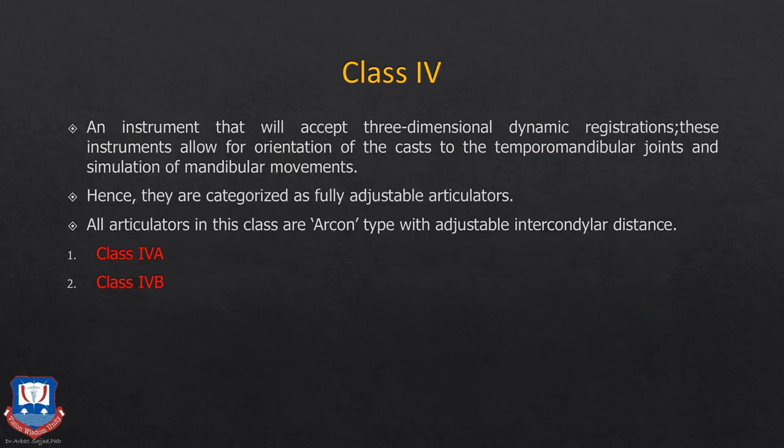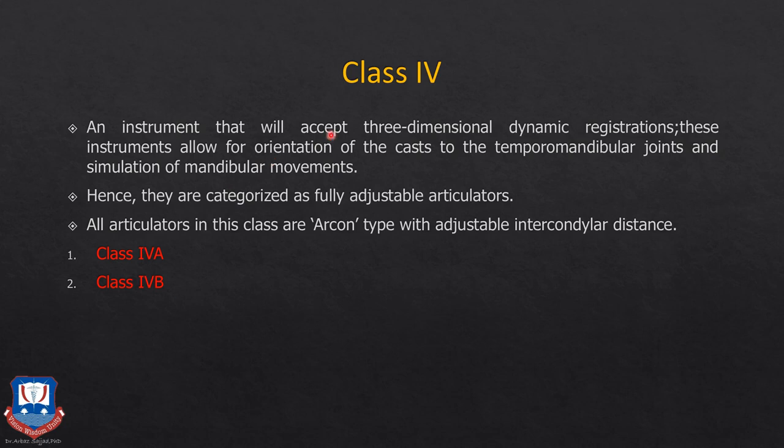Next, coming to class 4, the final classification of the articulator. These articulators are categorized as fully adjustable articulators. Class 3 was a semi-adjustable articulator, whereas class 4 is fully adjustable. These articulators are only arcon type of articulators, and they even have adjustable intercondylar distance. These articulators are again classified into two categories, class 4A and 4B.